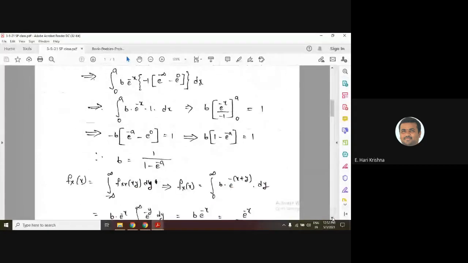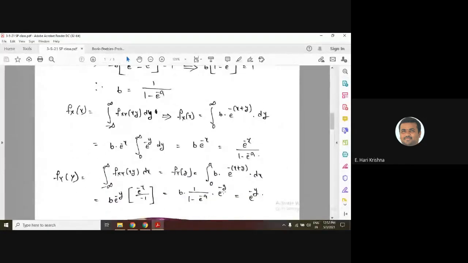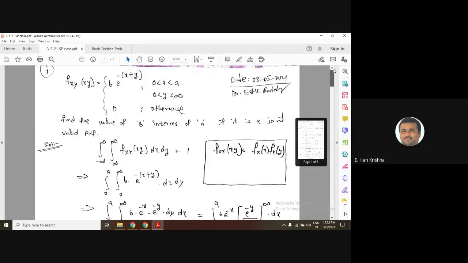So see here, we got fx of x is equal to b into e power minus x, and fy of y is equal to e power minus y. If I multiply these two, b into e power minus x multiplied by e power minus y gives e power minus of x plus y, which is the first given function, b into e power minus of x plus y.